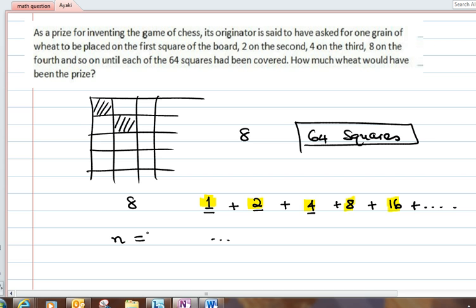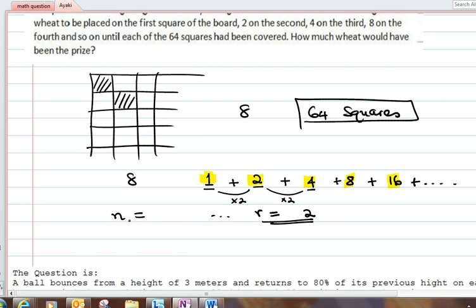This is a geometric progression, obviously, and the common ratio is 2 because we are multiplying by 2 every time. So it's a geometric series with a common ratio of 2, and n, which is the number of squares in total that we have to fill, is 64.